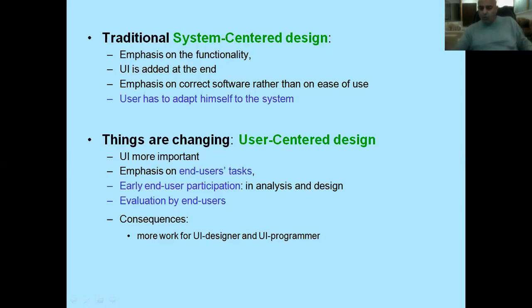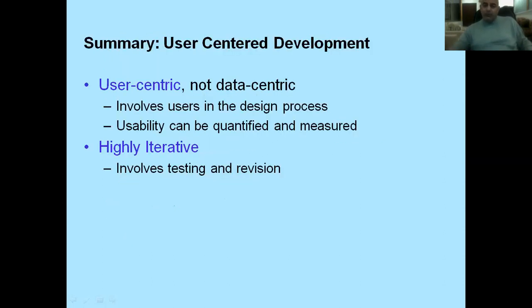Consequences: more work for user interface designers and user interface programmers, for sure. It is very important that we have good user interface designers and good user interface programmers. Summary: user-centered development, user-centric, not data-centric. It is very important to focus on the user. It involves users in the design process.